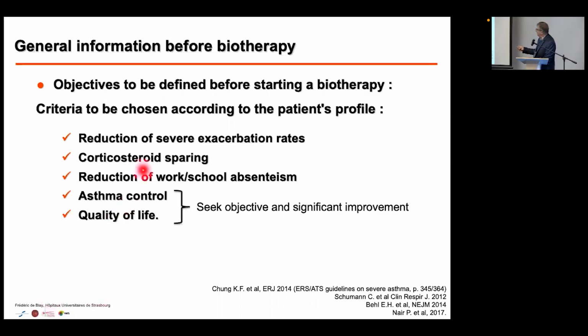It could be reduction of severe exacerbation rates, or corticosteroid sparing, for example, when the patient has diabetes, is obese, and is always taking oral corticosteroid, and has all the complications, hypertension, diabetes. And then also for children, reduction of work or school absenteeism, and the quality of life and asthma control. So things must be very clear at the beginning with the patients.